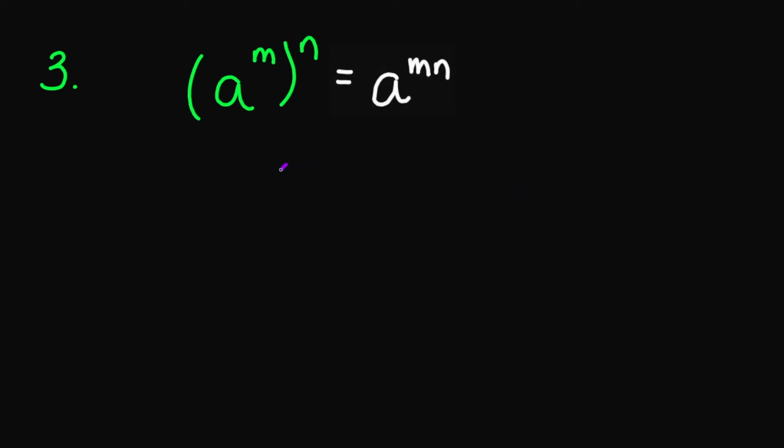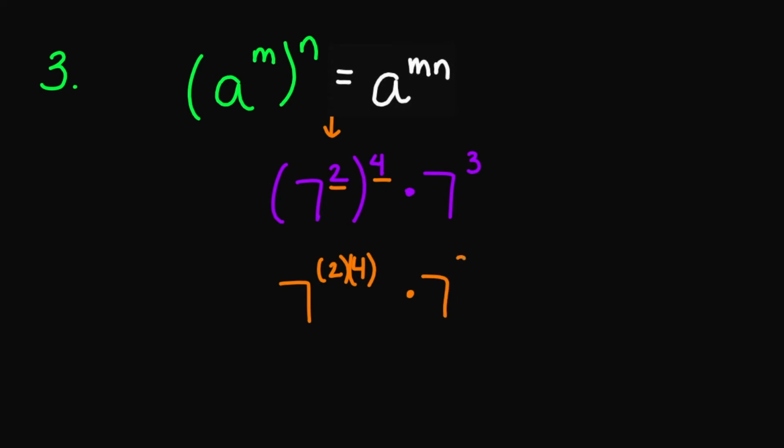So let's try this example here. So notice that my base is 7. I have a power raised to a power. I know that I need to multiply. So 7, 2 times 4, and then you have times 7 to the 3rd power. 7, 2 times 4 is 8 to the 8th power times 7 to the 3rd power.